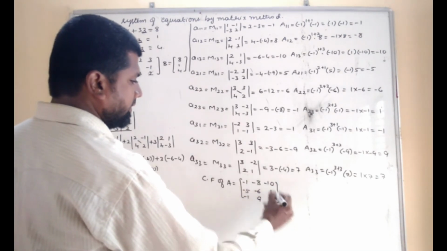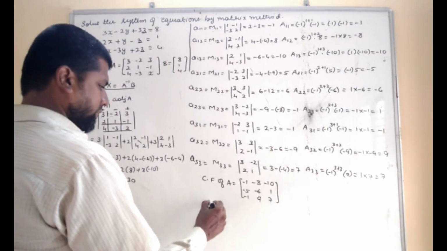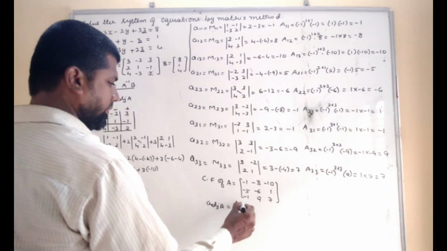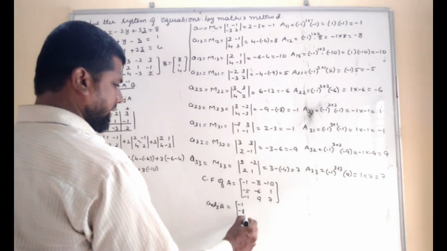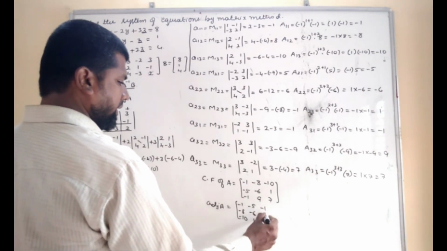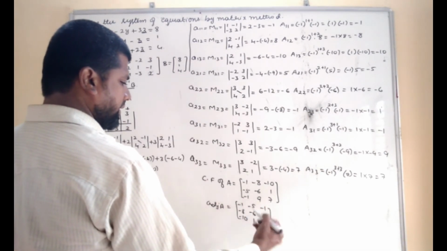This is the cofactor. So adjoint of A is minus 1, minus 8, minus 10, minus 5, minus 6, 1, minus 1, 9, 7. So this is the adjoint.